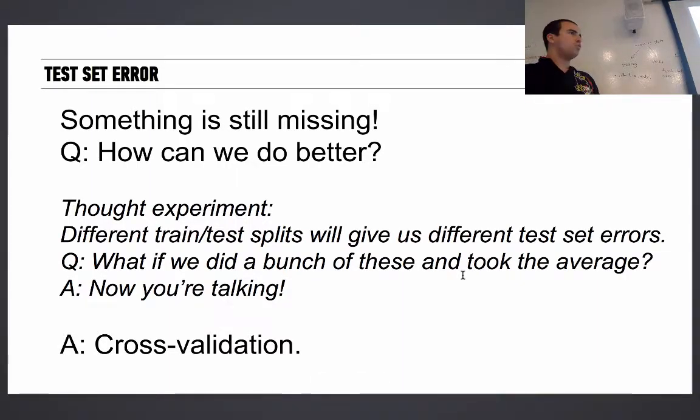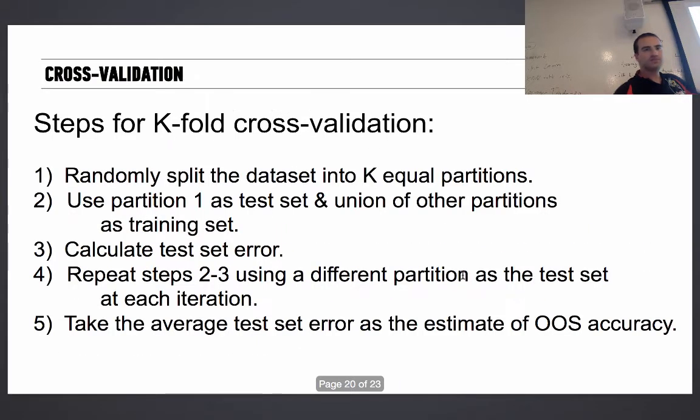So we can split the data in many different ways. But what if we split it in 10 different ways, took our error, and then averaged them all together? Would that be a good representation of the general error of the model? Yes. And that's called cross-validation. Here's how it works.